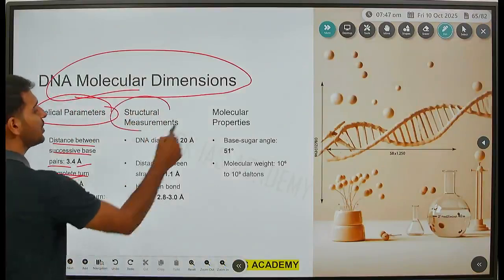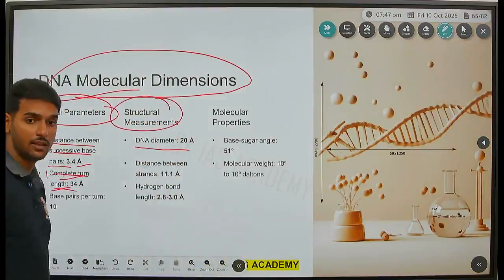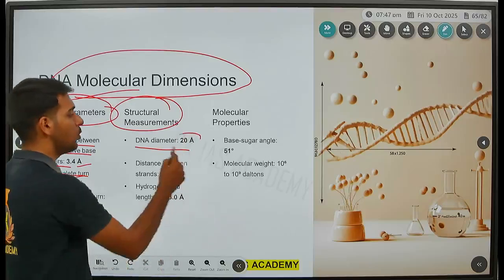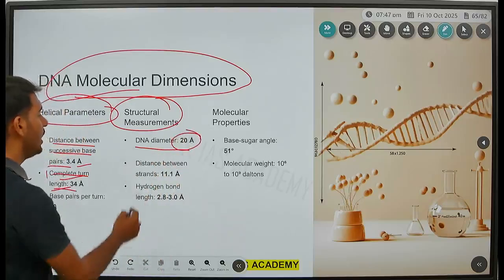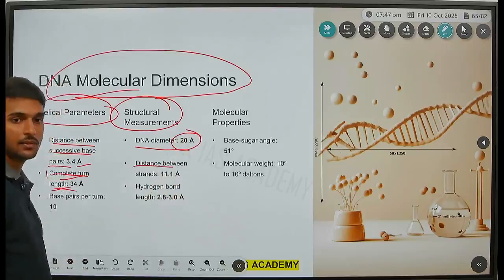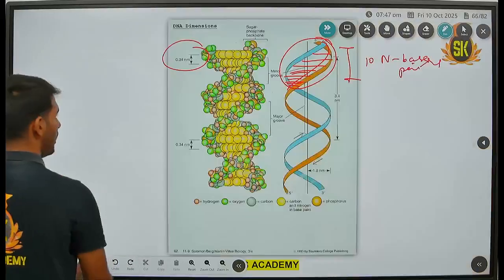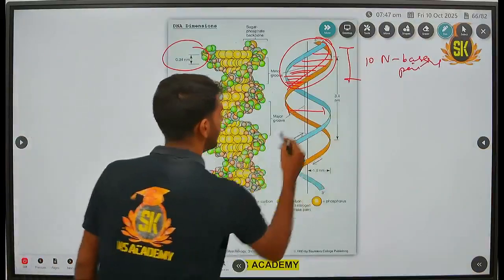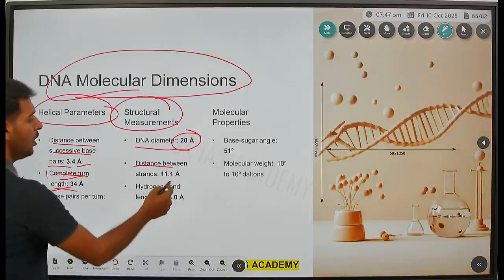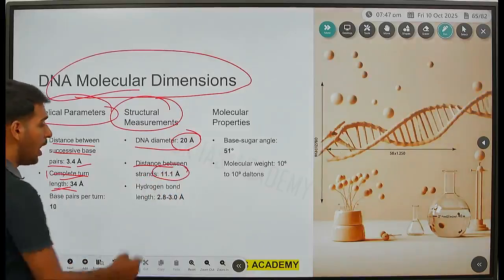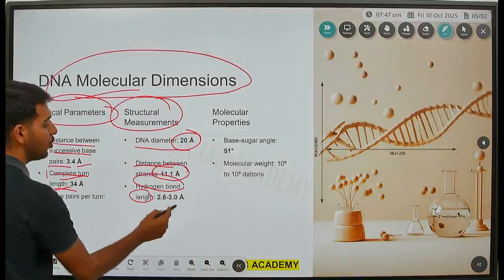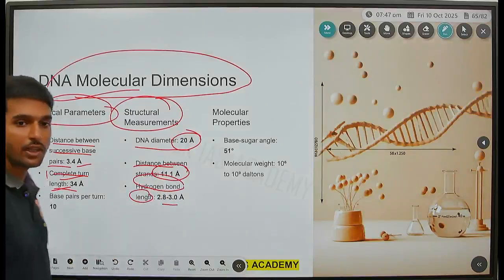Okay. Now structural measurements. DNA's overall diameter is 20 Angstroms. The distance between the opposite strands is 11.11 Angstrom. Hydrogen bond length is 2.8 to 3.0 Angstrom.